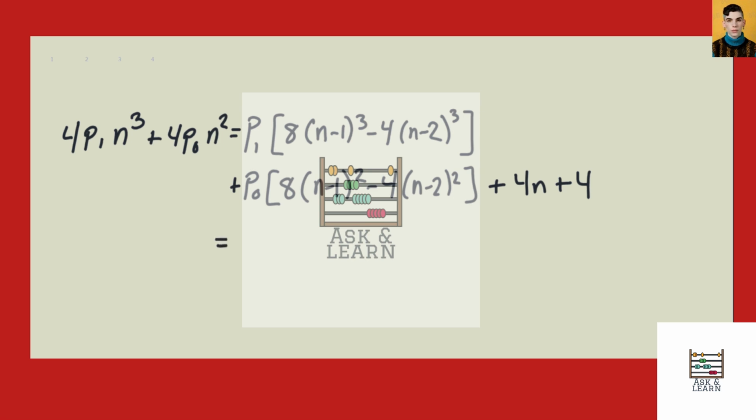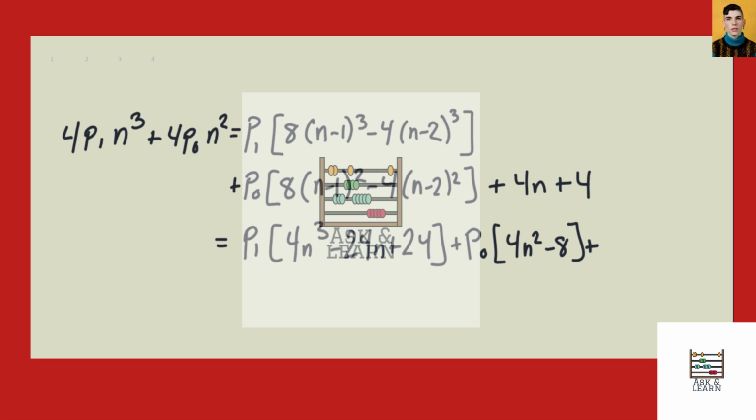So we get that this expression on the left is then equal to p1 times (4n cubed minus 24n plus 24) plus p naught times (4n squared minus 8) plus 4n plus 4.